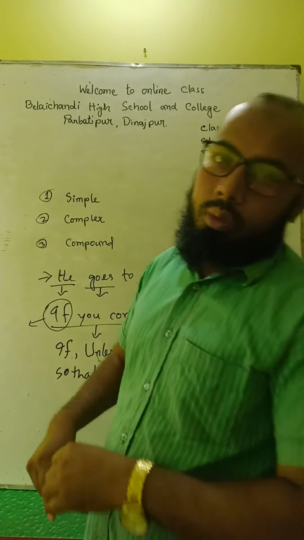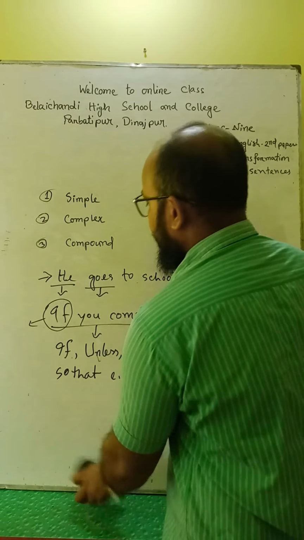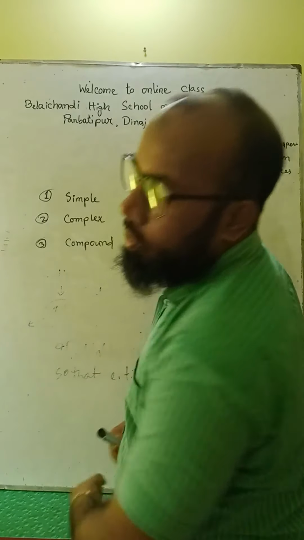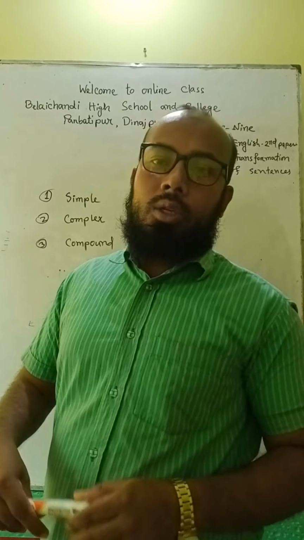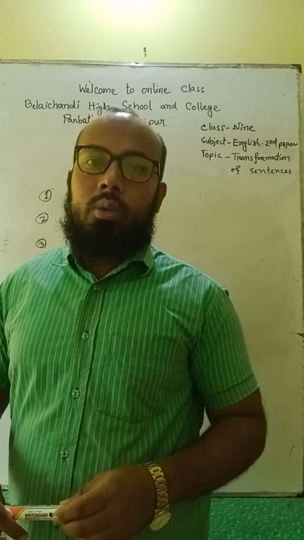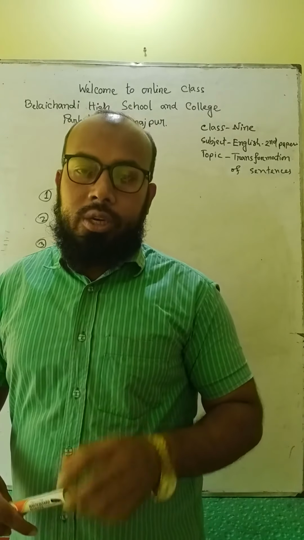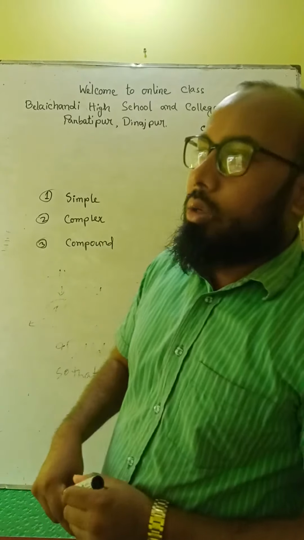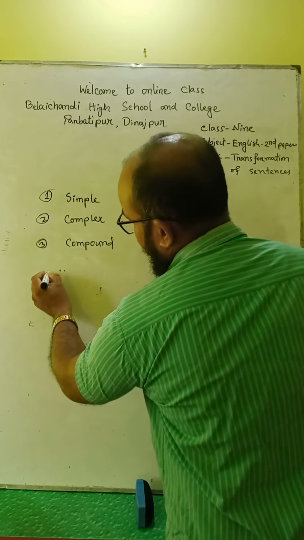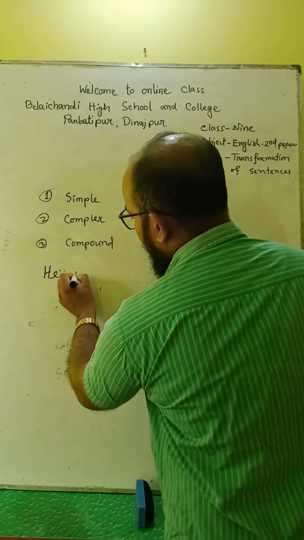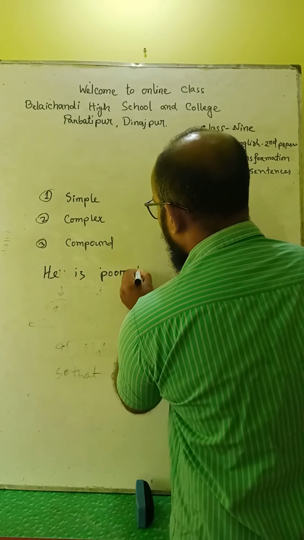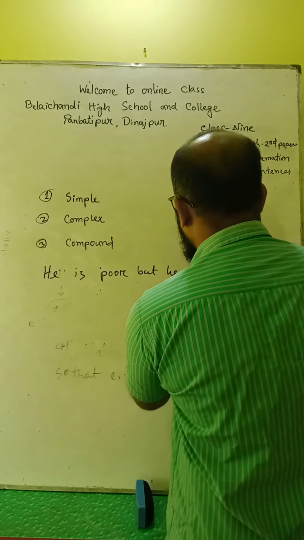And now I'll discuss compound sentence. When two or more principal clauses are combined by the use of coordinate conjunction, it is called compound sentence. Look at the example. He is poor but is honest.